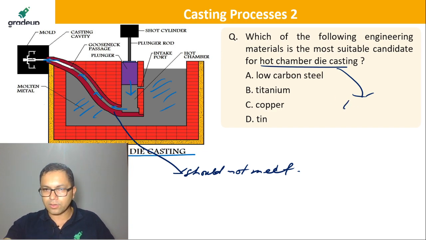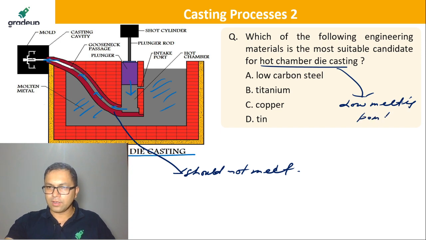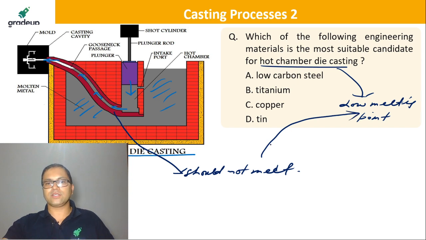It will be used for low melting point alloys, because we don't want the gooseneck to melt, okay? So it should not melt. That's why we are saying that, okay, low melting point. Yes, exactly, Abhinash, Ranvind. Yes, so it is tin, all right? Tin is a low melting point alloy.